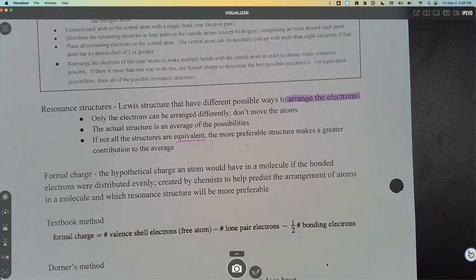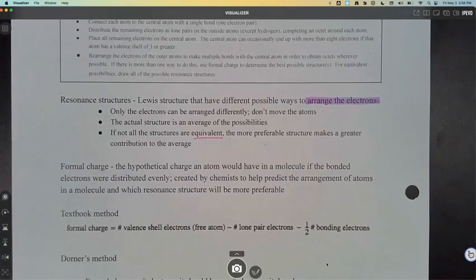We need a way to decide, when I'm looking at lots of possibilities, what does it mean to be more preferable? Chemists have invented a tool to help them decide on the more preferable versus the equivalent of Lewis structures. And it's called formal charge. Formal charge is merely a hypothetical.